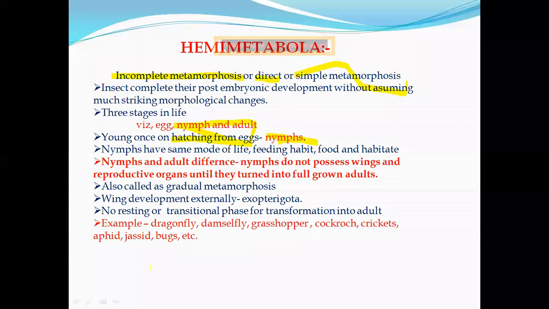Dragonfly and damselfly young ones are known as naiad. Grasshopper, cockroach, crickets, aphid, jassid, different bugs are called nymph. Do you understand what I'm saying?